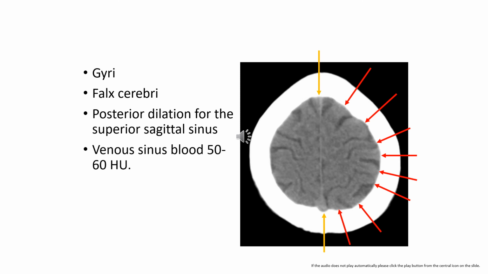We can see on the posterior aspect of the falx the dilatation due to the sagittal sinus. So this is containing venous sinus blood at 50 to 60 Hounsfield units. That's why it's a slightly higher attenuation than the grey matter.